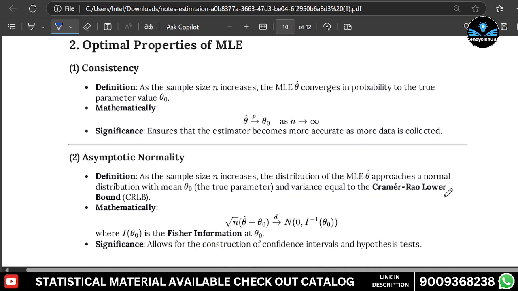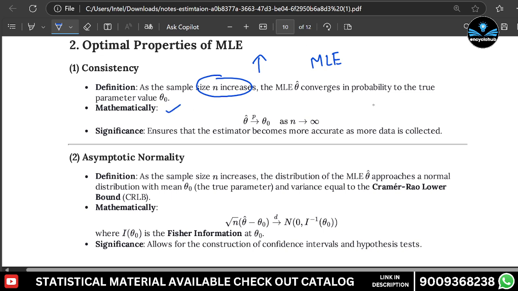The first property is consistency. Consistency says that when the sample size increases, the MLE converges in probability to the true value. Suppose that I have more samples, so my value will be correct, or my value will converge in probability to the true parameter value.